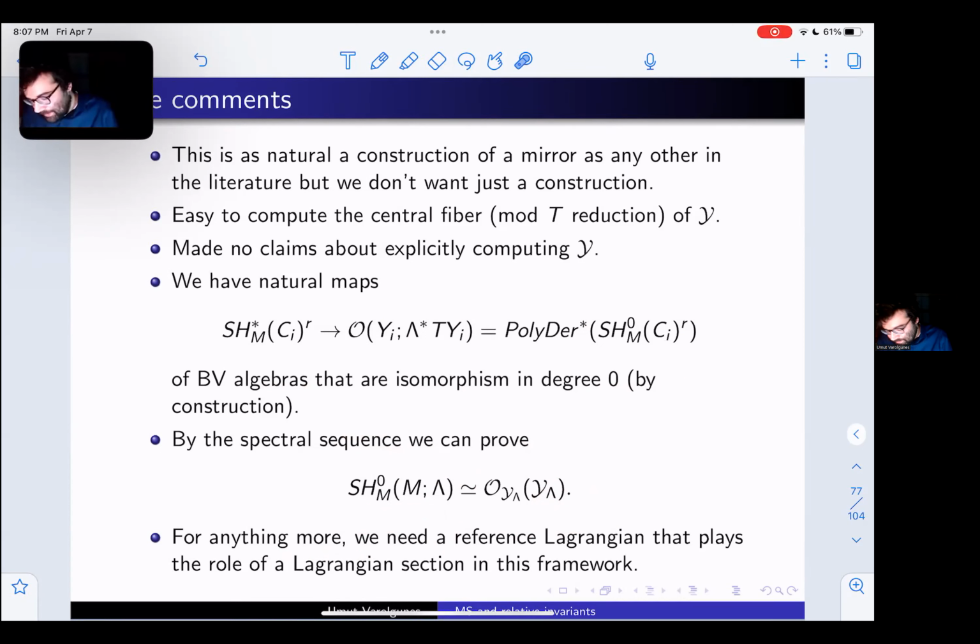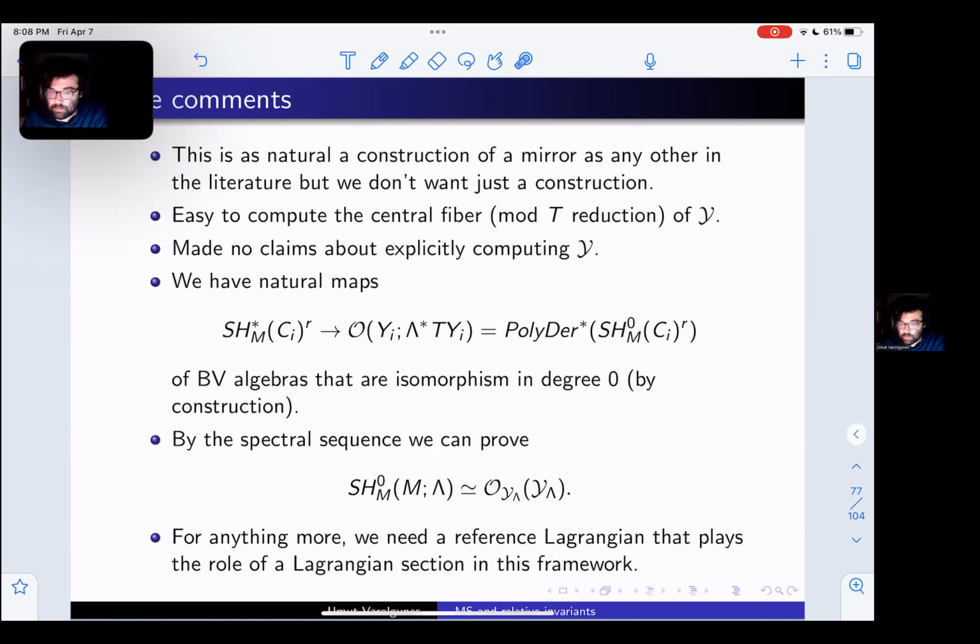But when M is compact, then both of these are just one dimension, so there's not much to it. But for anything more than this, at least in my viewpoint, I don't see how to do it without choosing this Lagrangian. So now I actually have to start working with the Lagrangian if I want to say anything more.